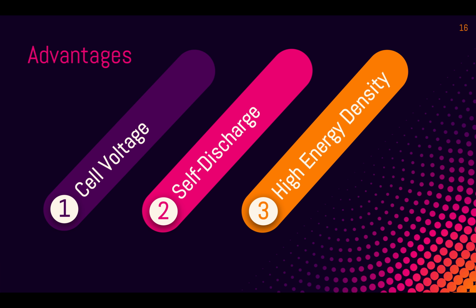But then a good example for high energy density is an electric vehicle. You're driving very far, long distances, and a car is going to use a lot more power than a smartphone. So you're going to want a really high energy density so you can travel far without having to recharge your car.